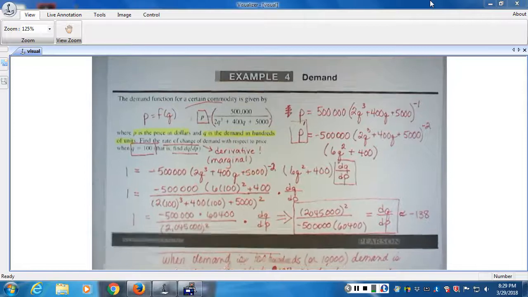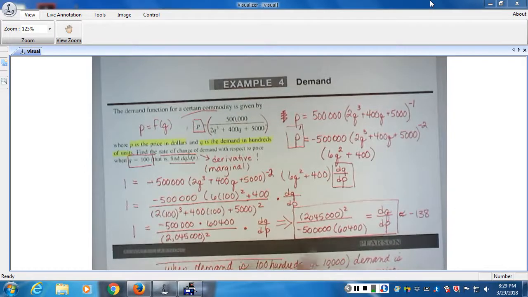Now, I will tell you what I am more likely to do on a problem like this, because it's an in-class test. What I'm more likely to do is give you that problem set up and then say, given that the derivative with respect to Q is, and then tell you what the derivative is, so that all you have to do is plug in and explain what it means.